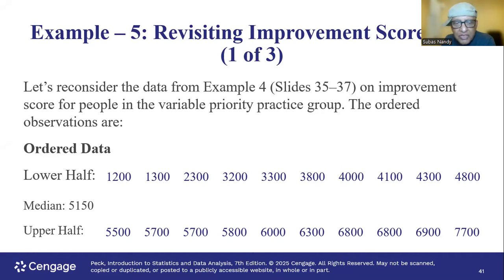Then 5700, then 5800, then 6000, then 6300, then 6800, then 6800 appears twice. Make sure of that. Okay, so we have to enter the second 6800, then 6900, then 7700.